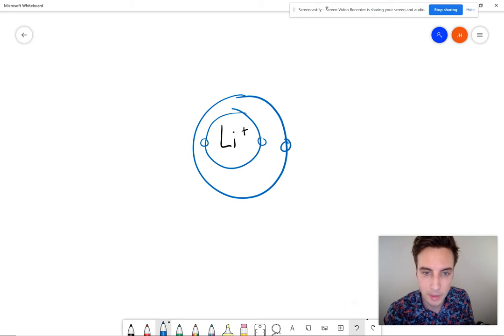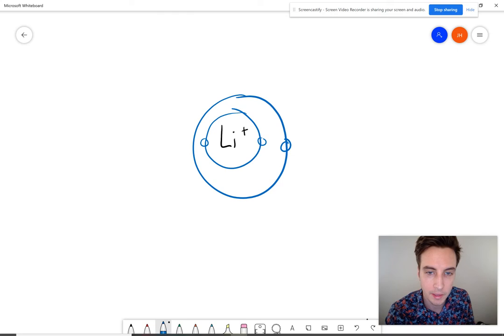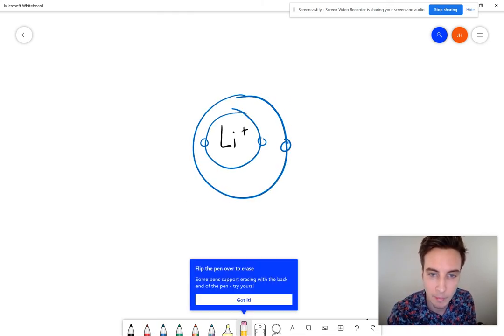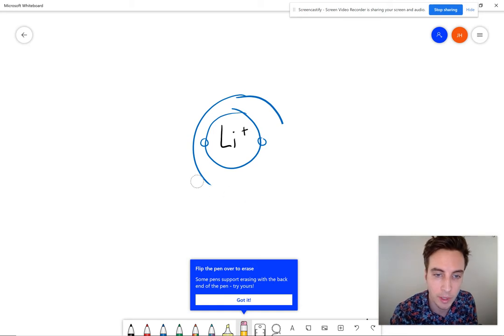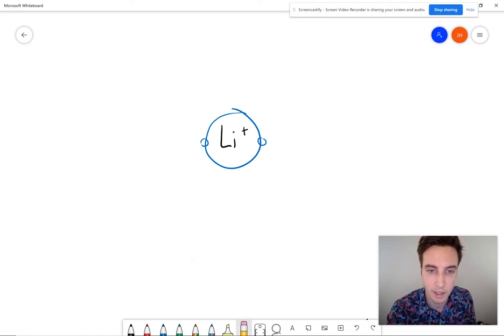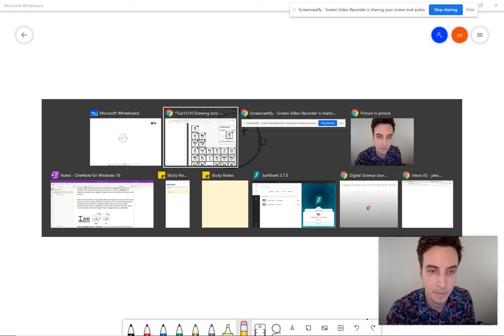But we are going to be taking one of these electrons away to make it have a positive 1 charge. So if we erase one of the electrons here and its ring, since there's nothing there, we now have an Li positive. Okay, so that is how to draw a lithium ion.